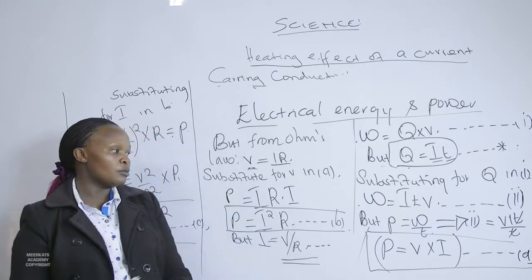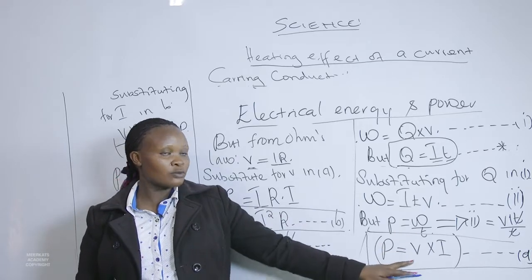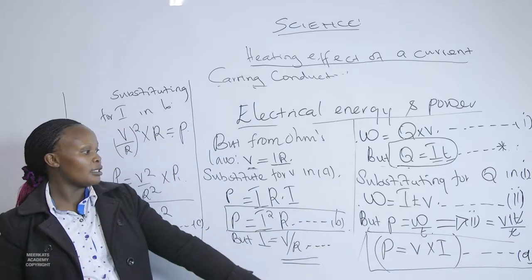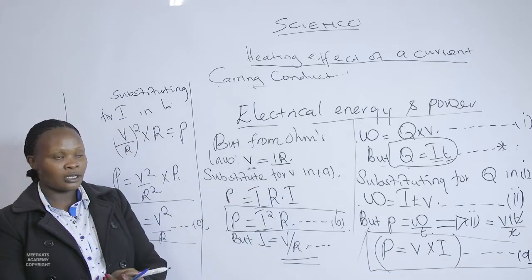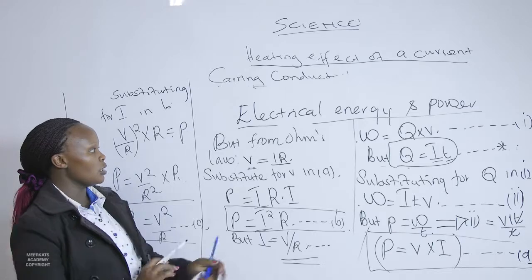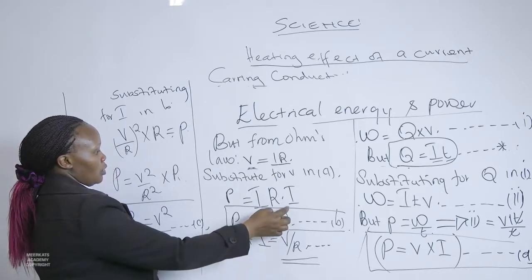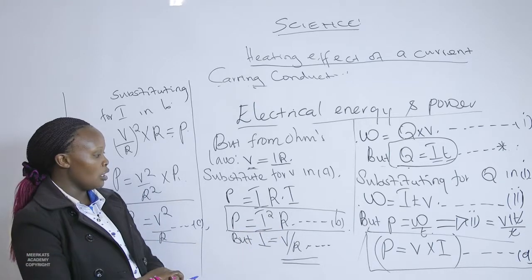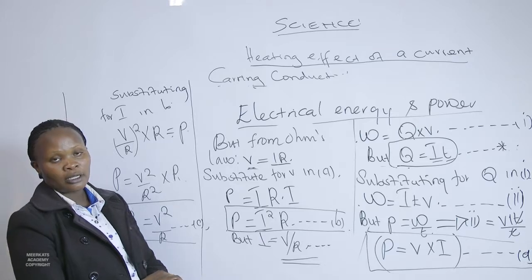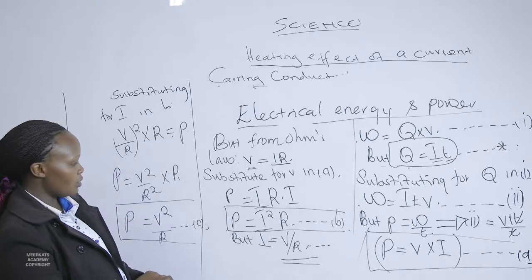Therefore, from your first expression, you can substitute for V, and in the place of V, we can put this newly found expression IR, so that now we can have the second expression of power as the product of current squared and resistance.